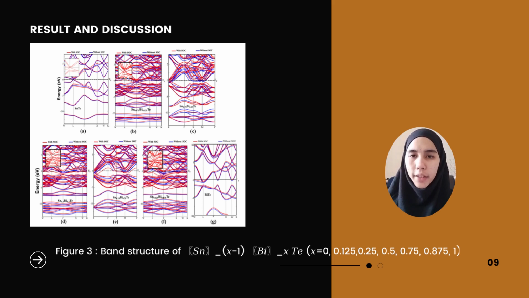By looking at figure 3, figure 3 shows the Fermi energy level EF as a horizontal black line due to the presence of SOC and p orbital in the doping concentration x equal to 0.875 combination.